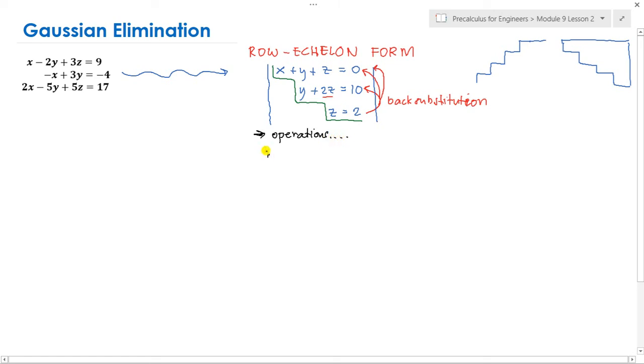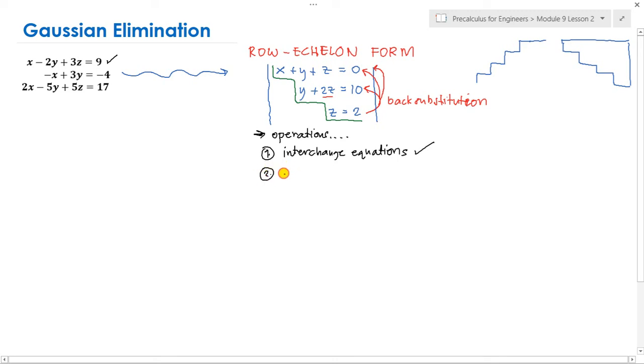The first one, in order to achieve this form, is that you can interchange equations. Interchange the equations. This means that if equation 1 comes first but you want another one first, because it has x, you can interchange them. That is legit.